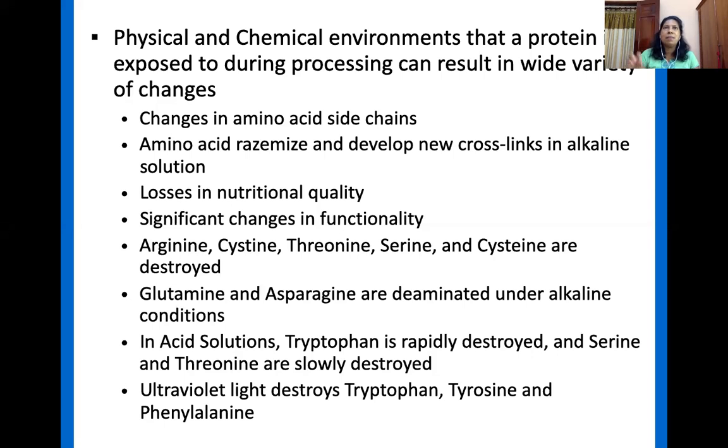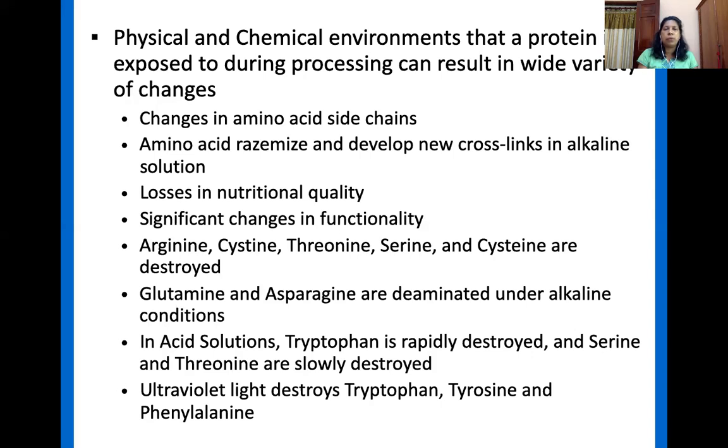Then different molecules can form, because the sulfur SH bond can be changed, and different hydrogen bonds can be broken down, and those things get together and make a different molecule. Then those are no more protein. There are losses in nutrient quality, you know about that. Significant changes in functionality can happen.